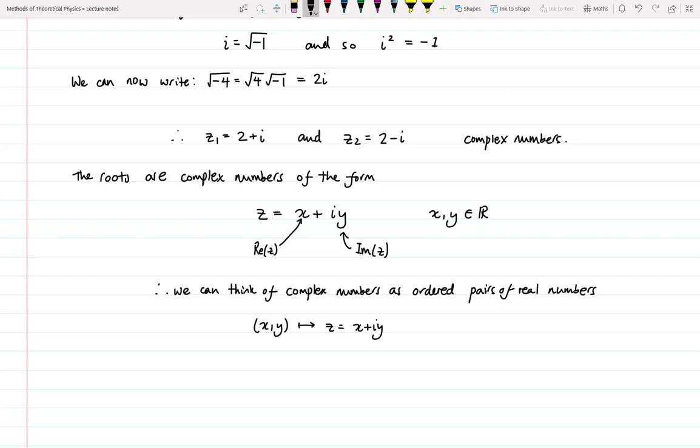And importantly, the order matters. So the first slot in this pair describes the real part, the second slot describes the imaginary part. Now we denote this set of complex numbers by the letter C with a bar down the side, as we did earlier for the other sets of numbers.